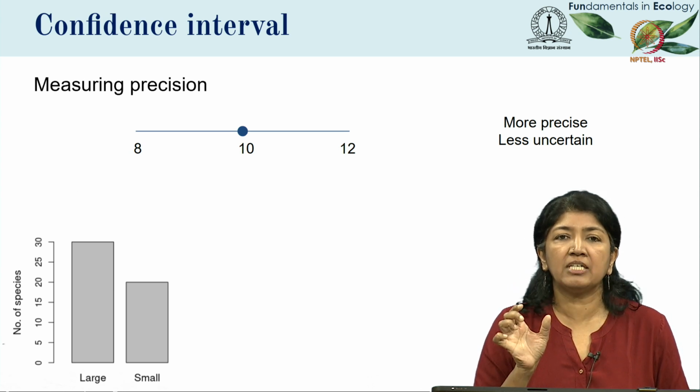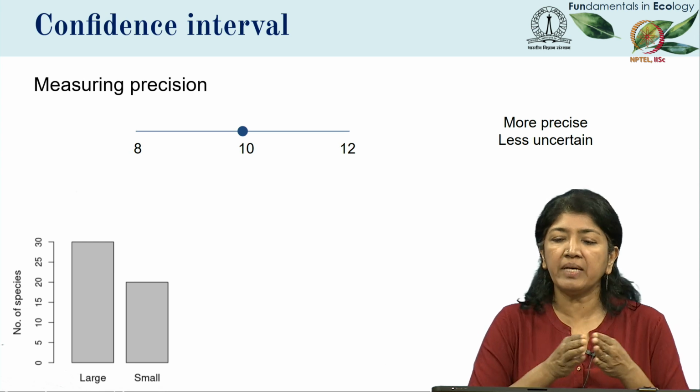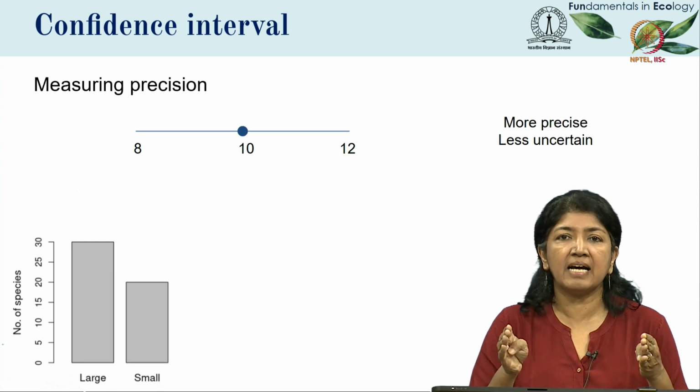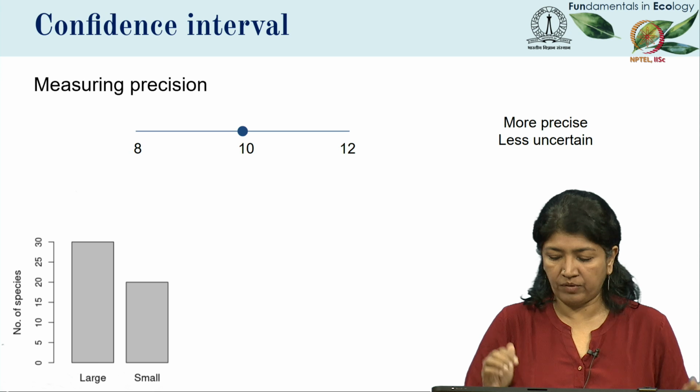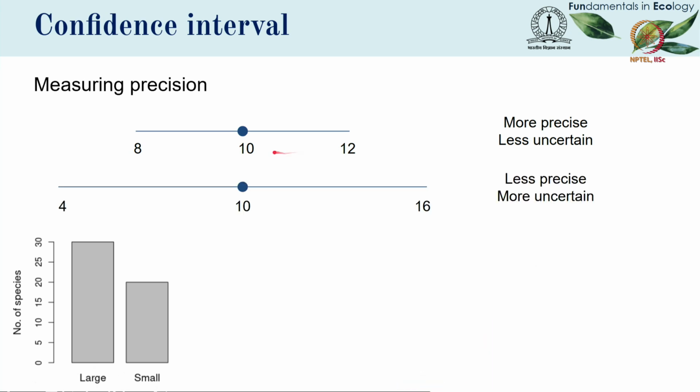The true population parameter lies somewhere between 8 and 12. So, there is less uncertainty, more confidence. On the other hand, if we get a wider confidence interval ranging from 4 to 16, then we have less precision, more uncertainty. The true population parameter lies within a much larger range of values.